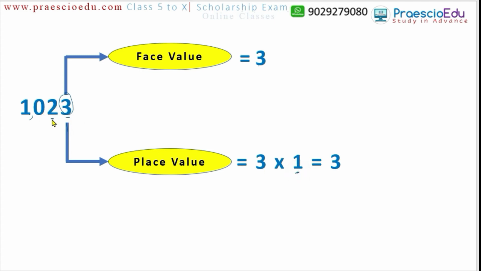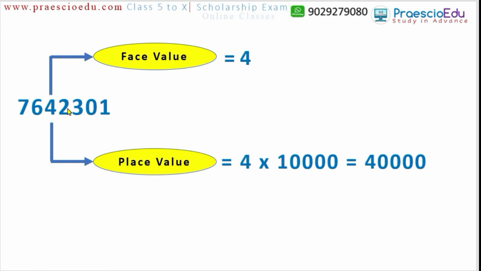Here the tens means 10, here the 100 means its position is 100. So 3 is the face value, multiplied by its position, unit position 1, we get 3, which is the place value in this example.